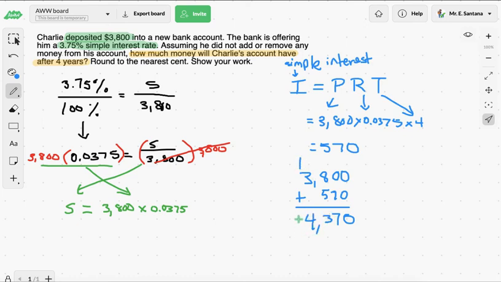At the end of 4 years, what you're going to have is $4,370 in that bank account if the original amount that you deposited doesn't change. If you don't take money out, or if you don't put money in, this is exactly how much money would be calculated and how much would be added to the account.